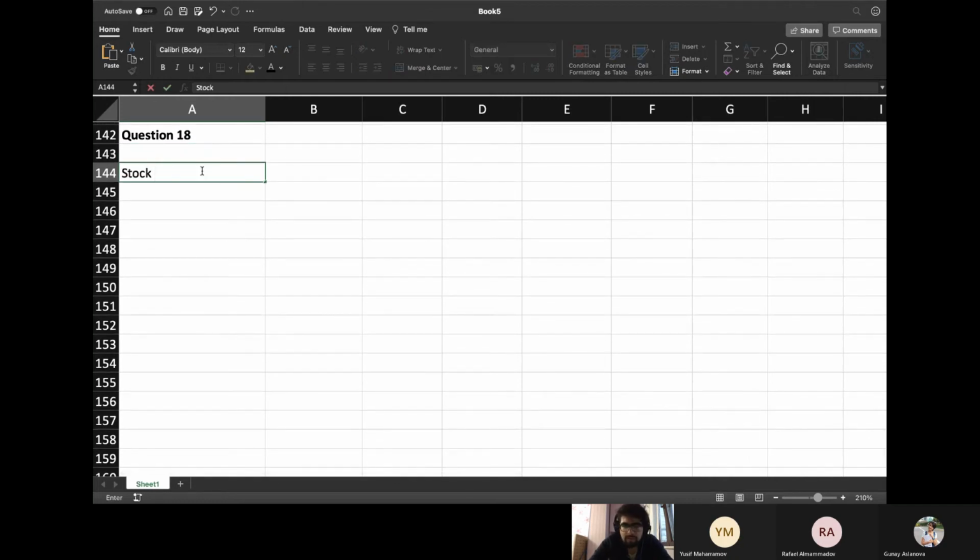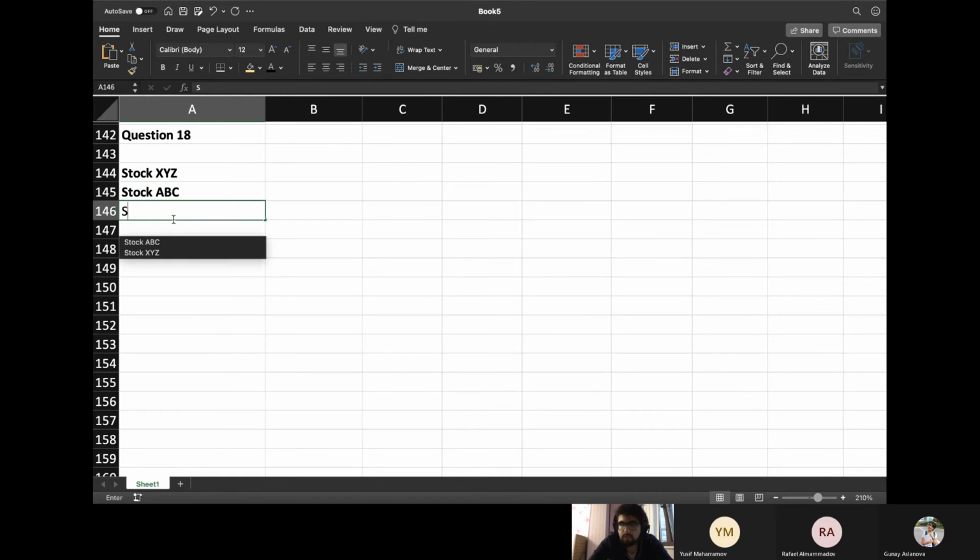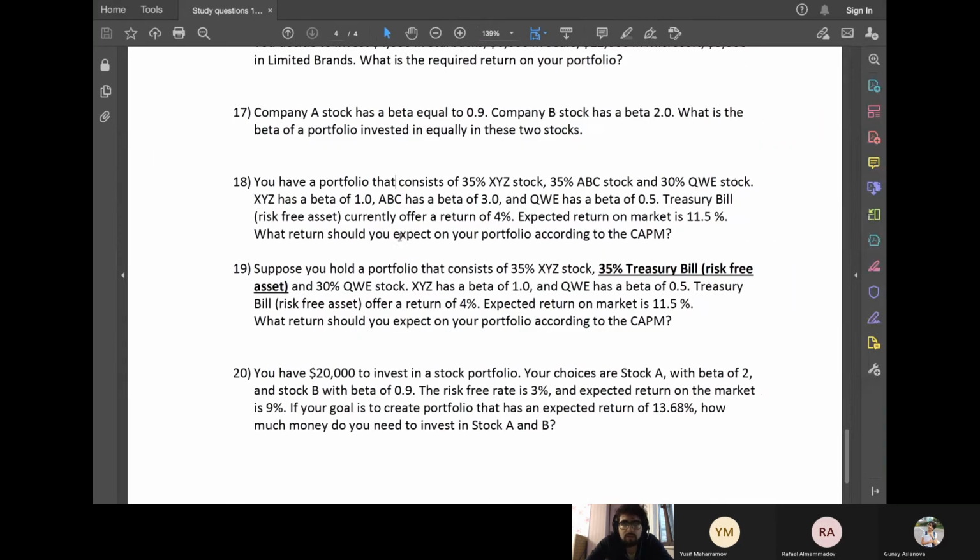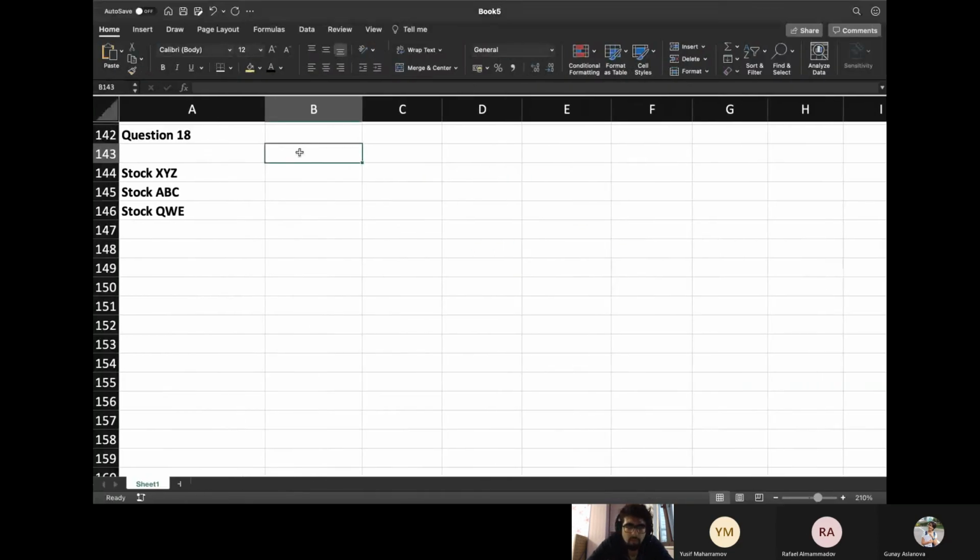Stock XYZ, stock ABC, and stock QVA. Weight, beta, and expected return. Weight, RF.